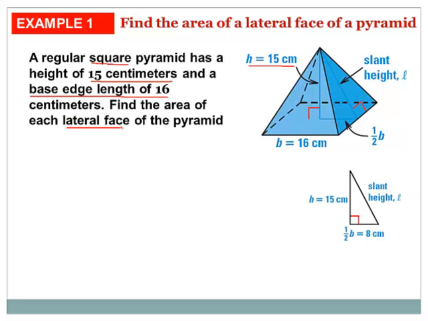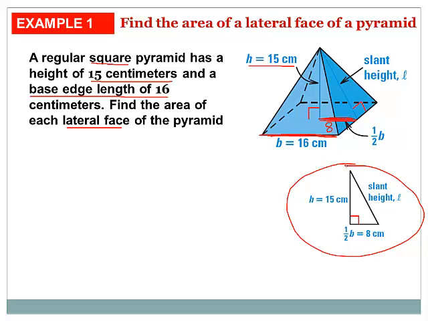In this case, if you drop this height here, the length that you can draw is going to be half of the actual side length. If this length here is 16, this length here is going to be 8, because it's half of the base length. What I've drawn here is a blown up version of the actual right triangle.